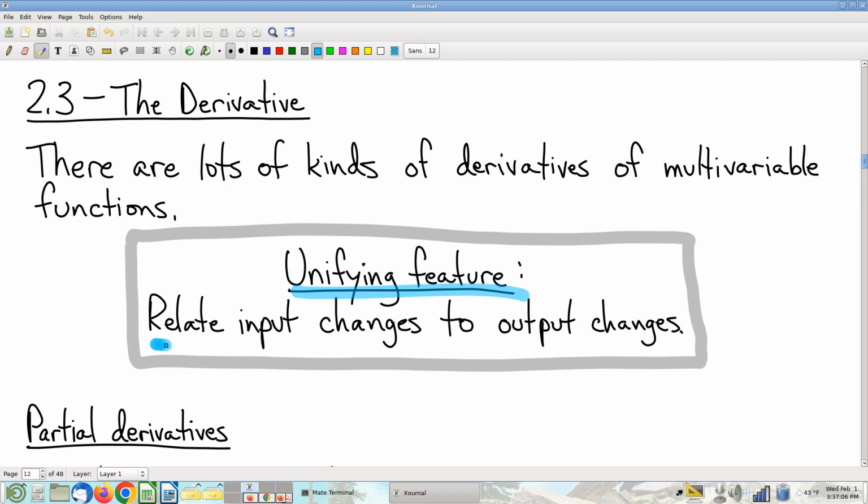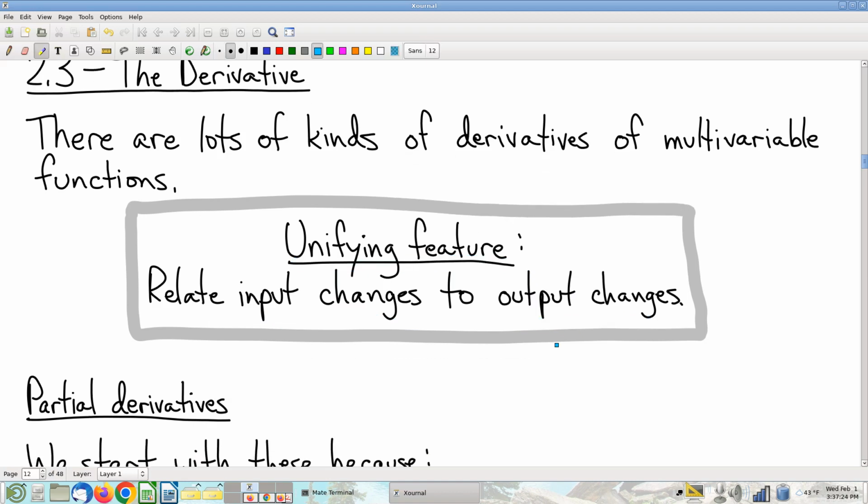They always relate input changes to output changes. And if you think back to single variable calculus, Calc 1, I think you'll notice that in some sense that's a point of view you can take on what a single variable derivative is. Okay. So our multiple different kinds of derivatives are going to relate the input changes to the output changes in different ways. But they all relate input changes to output changes.